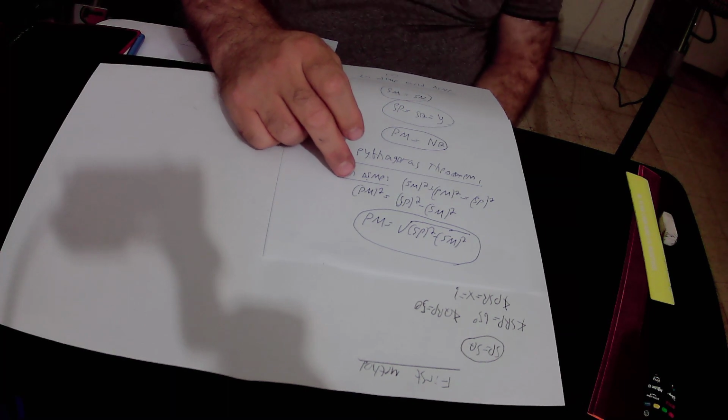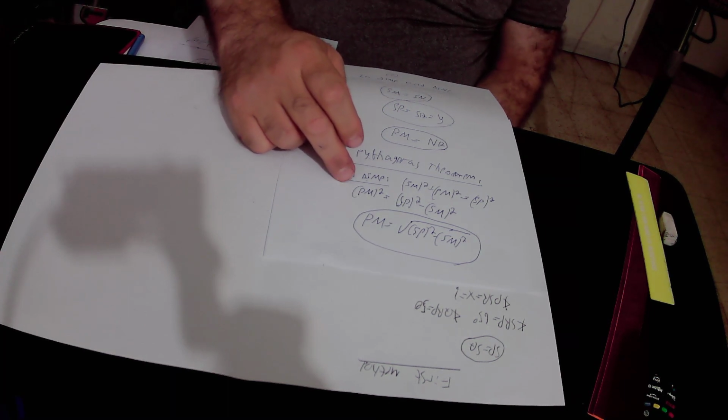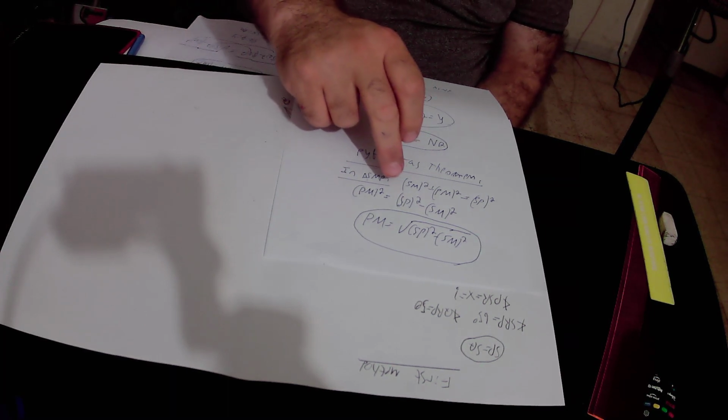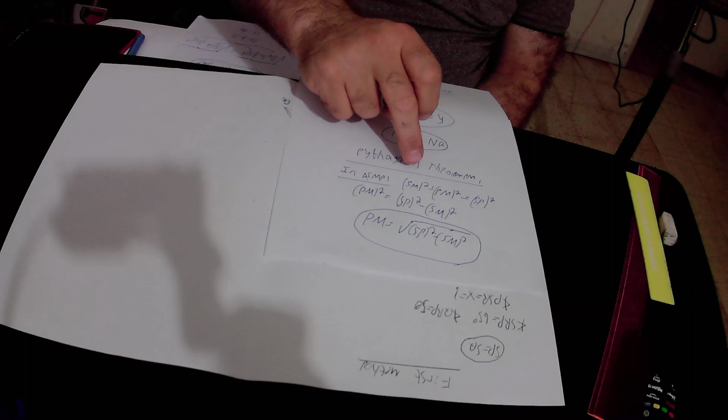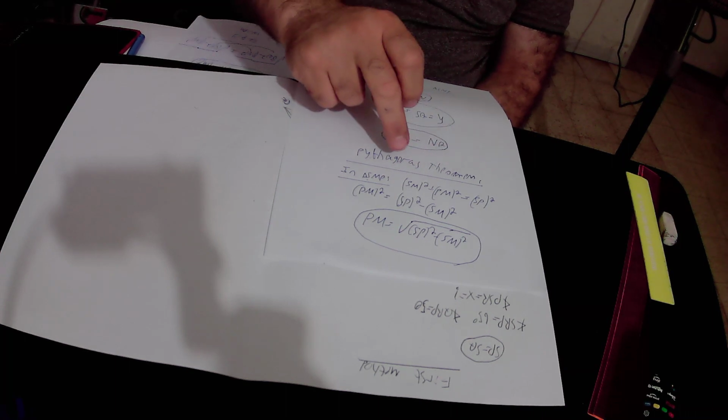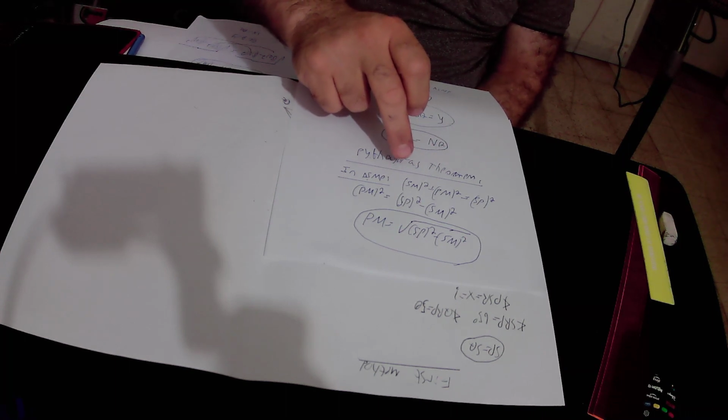According to the Pythagorean theorem, PM squared plus SM squared equals SP squared. The square of the hypotenuse equals the sum of the squares of the perpendiculars.